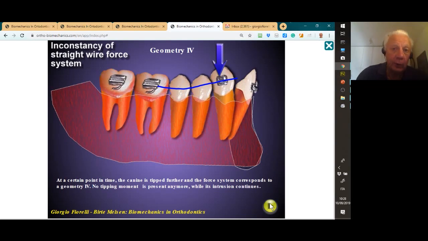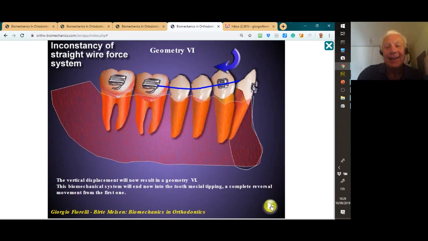In geometry 4, I hope you remember this, we have no moment, sorry, and only a force. And therefore, we have no more the distal inclination of this tooth. Only some intrusion, like this, until the geometry is transformed into a geometry 6.